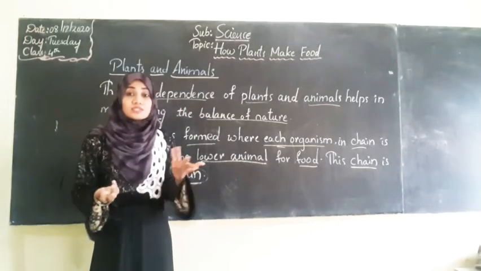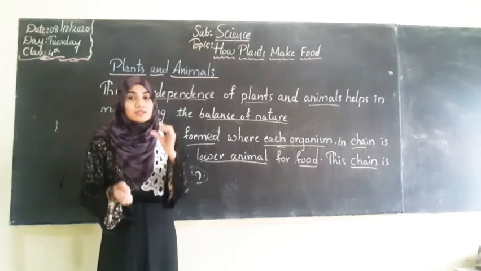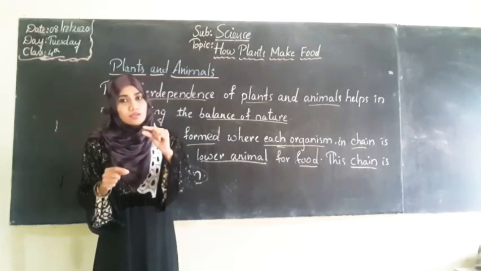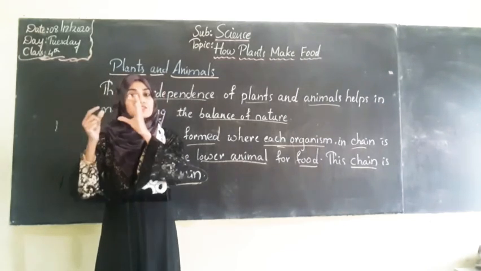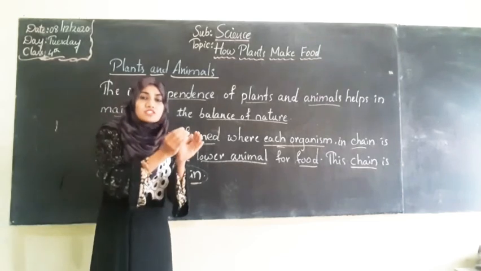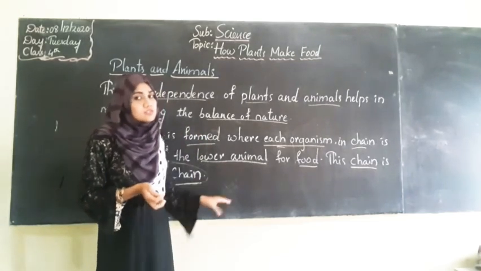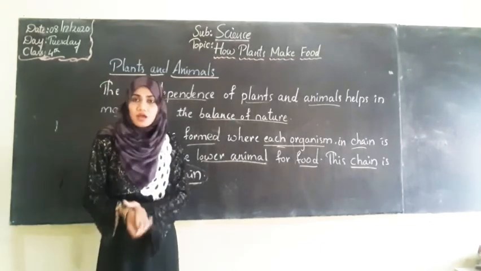That means over here there is a chain in nature. That means each small organism will be eaten by a big organism, or each big organism will depend upon the small organism for its food. And this food chain is very important to maintain the balance in nature also.